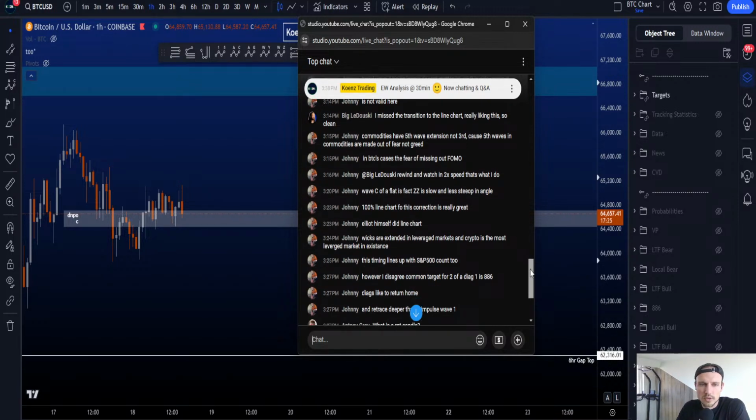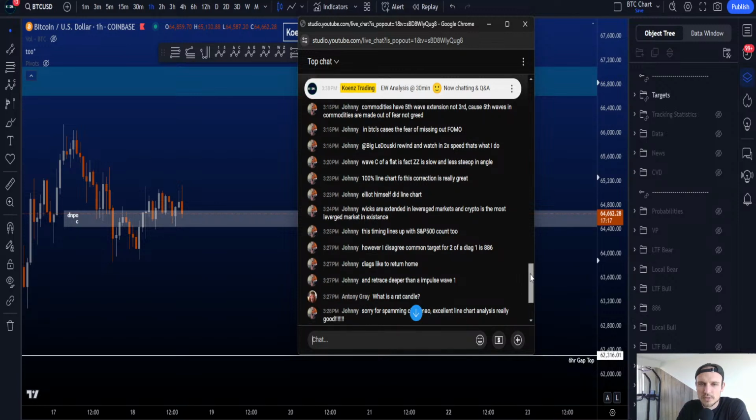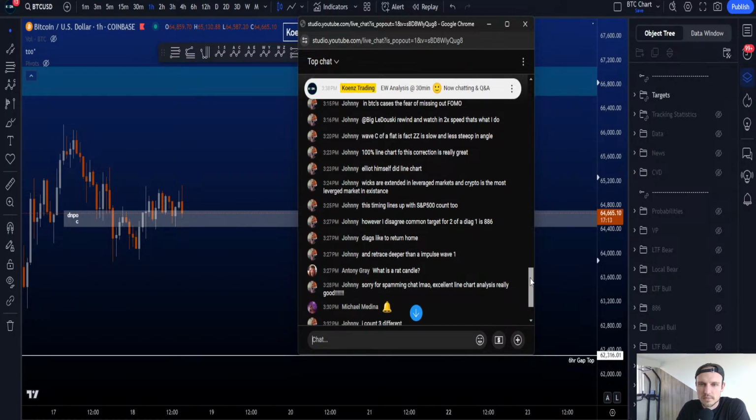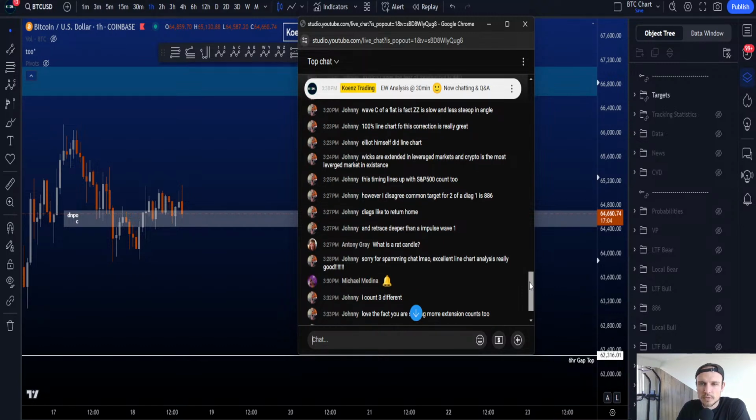Of course, also on a weekly, but 5 has a higher probability of getting the highest volume. Elliott himself did line chart, yeah. Yeah, diagonals love deep retracements.